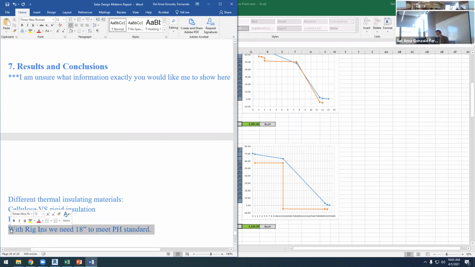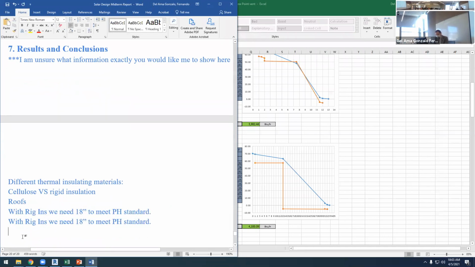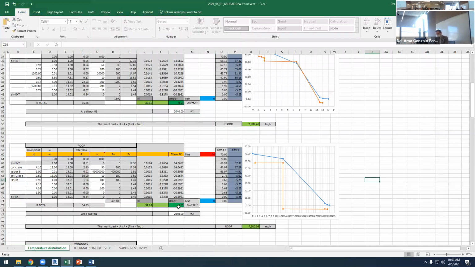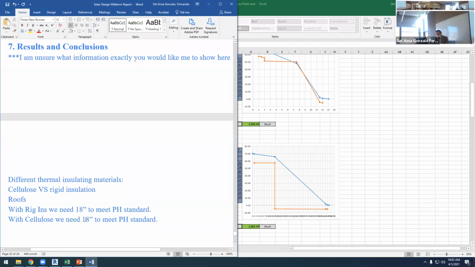With cellulose, how many inches do we need to meet the passive house standards? With 18 inches, we don't need this. So it's 30 inches, not even 30. Okay, so how many inches do we need to meet the passive house standards with the cellulose?